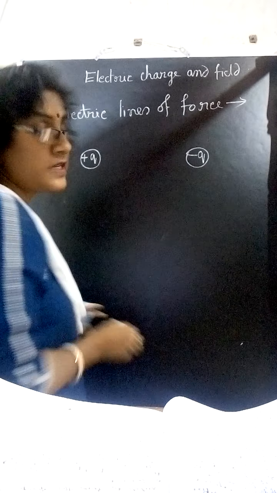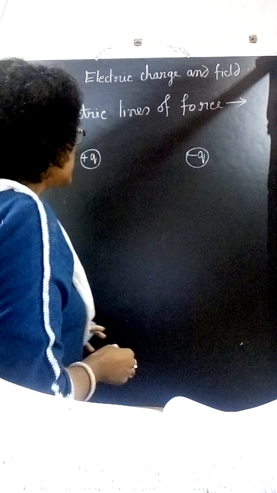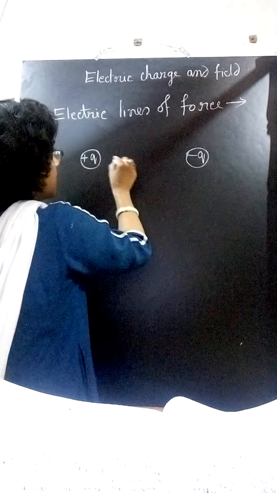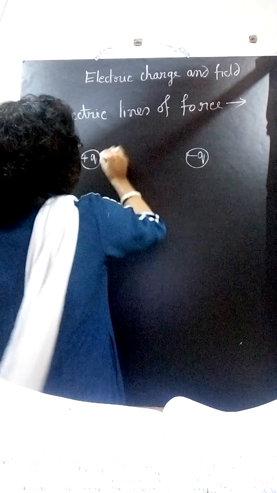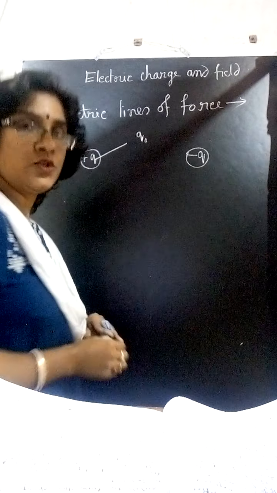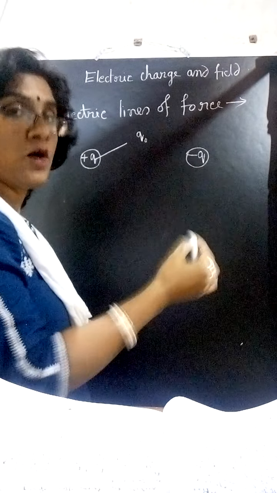Now if a test charge, a free positive charge, is kept around the plus q charge, then the direction on that test charge will be radially outwards.